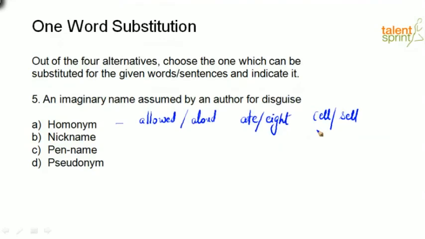A nickname could be just a short name, right? So for a name like Sai Kiran, the nickname can be just Sai or Saki. The first two letters of each of these words, if you break it down, right? That's a nickname. Here we're talking about an imaginary name assumed by an author for disguise. So like Vidya rightly pointed out, right?